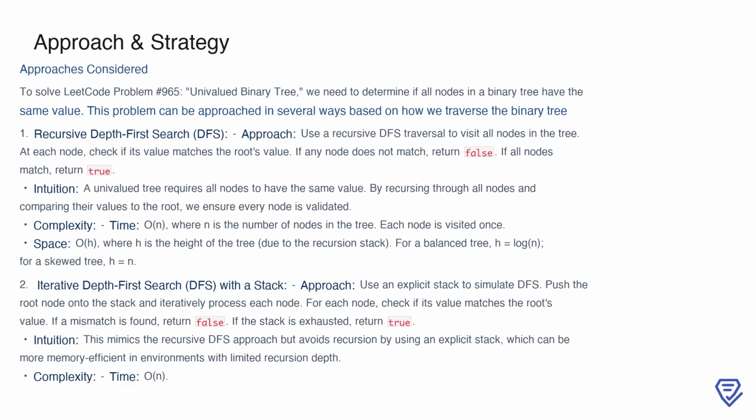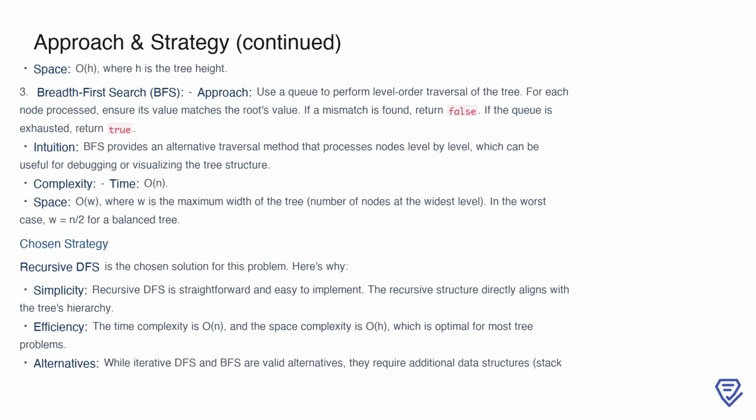We can also consider a breadth-first search, or BFS, which uses a queue for a level-order traversal. In this approach, nodes are processed level by level, and each node's value is checked against the root's. If a mismatch is identified, we return false. If the entire queue is processed without issues, we return true.